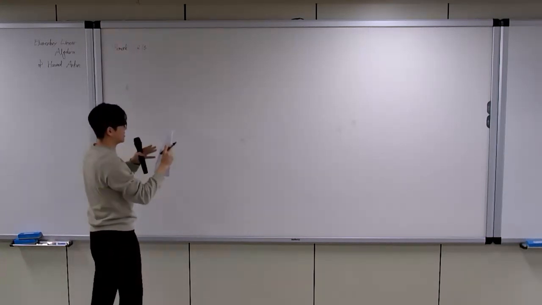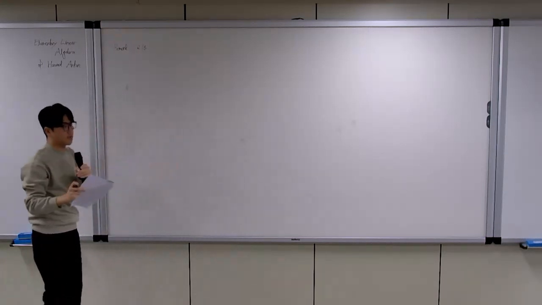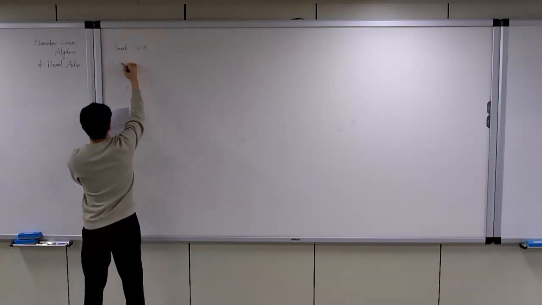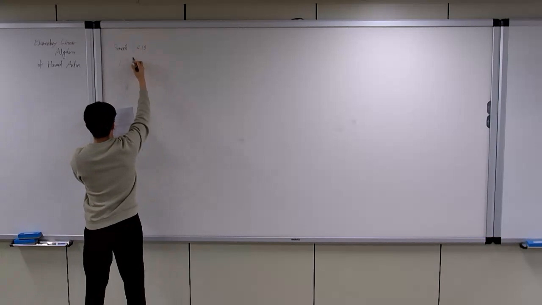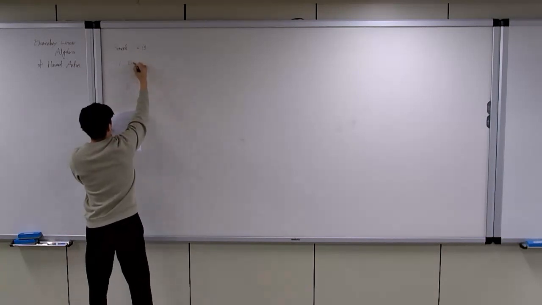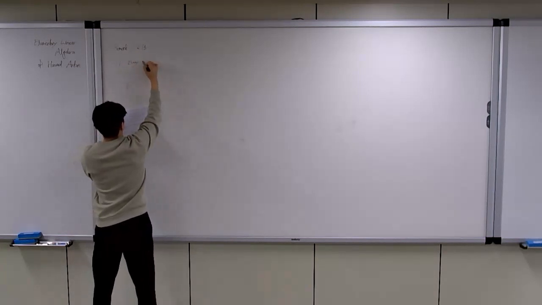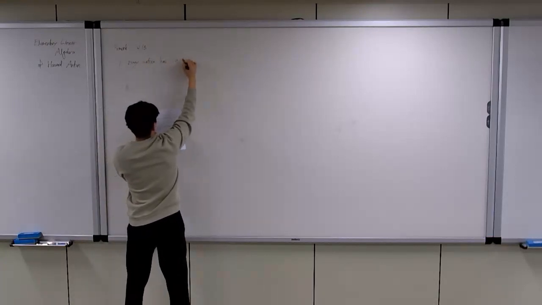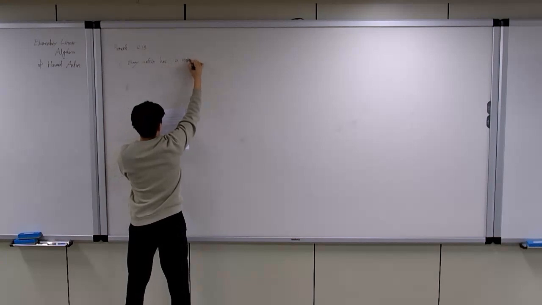From the row echelon form or reduced row echelon form, there are some facts. First, every matrix has a unique reduced echelon form.